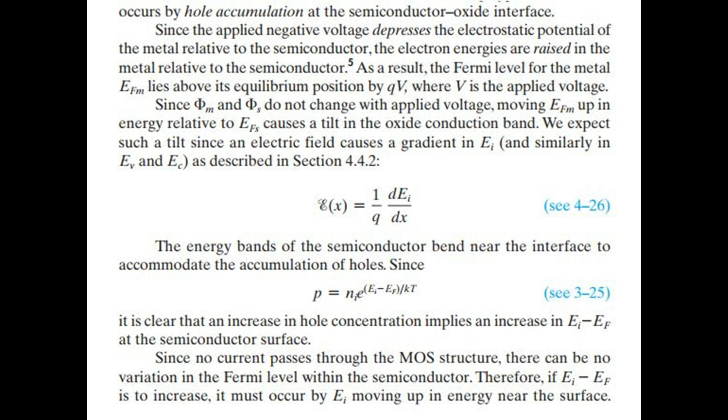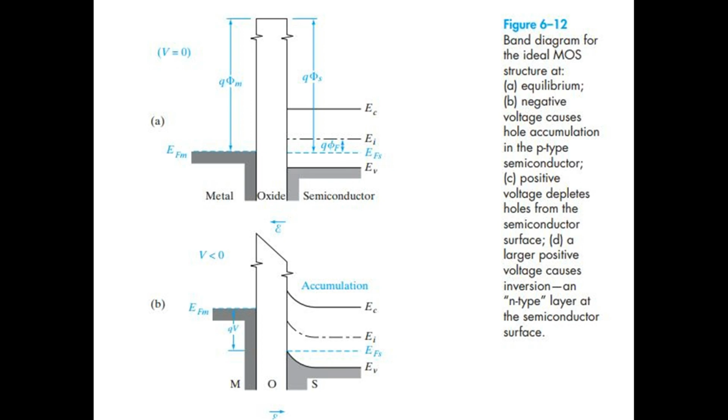Therefore, if E_i − E_F is to increase, it must occur by E_i moving up in energy near the surface. The result is a bending of the semiconductor bands near the interface. We notice in Fig 6.12b that the Fermi level near the interface lies closer to the valence band, indicating a larger hole concentration than that arising from the doping of the p-type semiconductor.